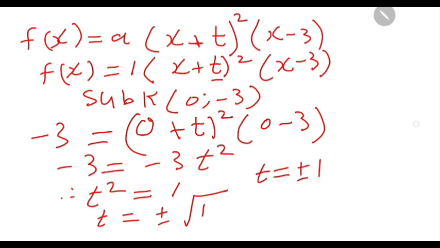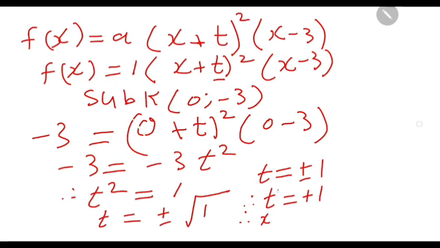So obviously t lies on the negative section, so therefore we're going to use the positive 1. T is a positive 1 because x is a liar. When I put back, it is going to be negative. So therefore the x coordinate of m is equal to positive 1 because x is a liar. When I put back into the turning point on the negative section, it's going to be negative 1.